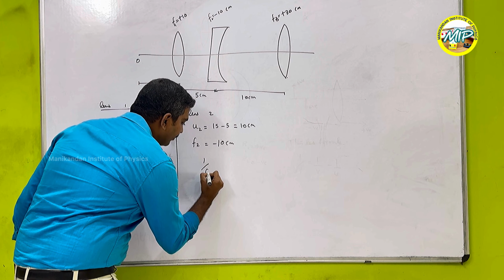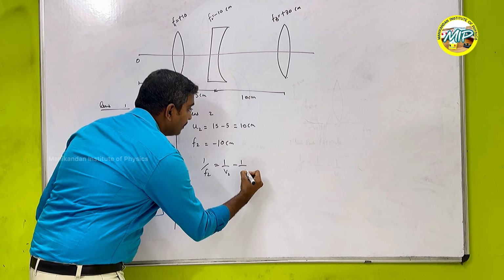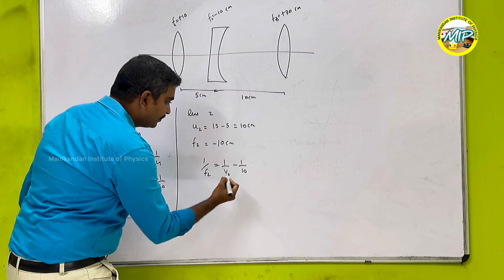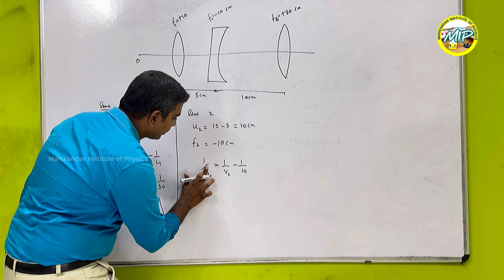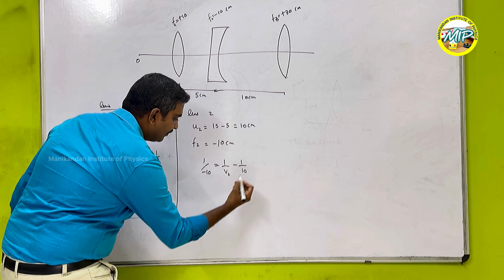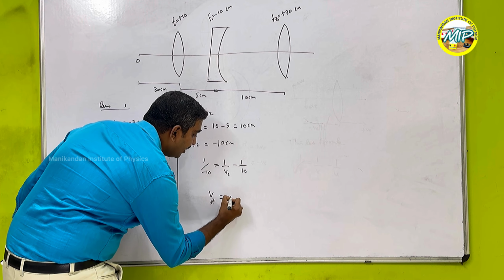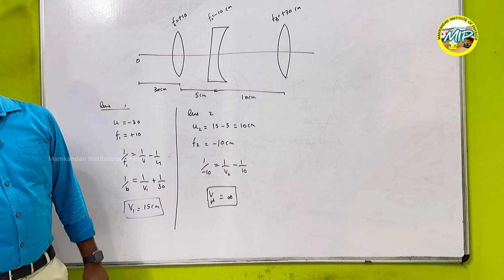So 1 by f2 equals 1 by v2 minus 1 by 10, that is, 1 by v2 minus 1 by u2 equals minus 1 by 10. If I simplify this, I get 1 by v2 equal to 0, so my v2 is going to be infinity.